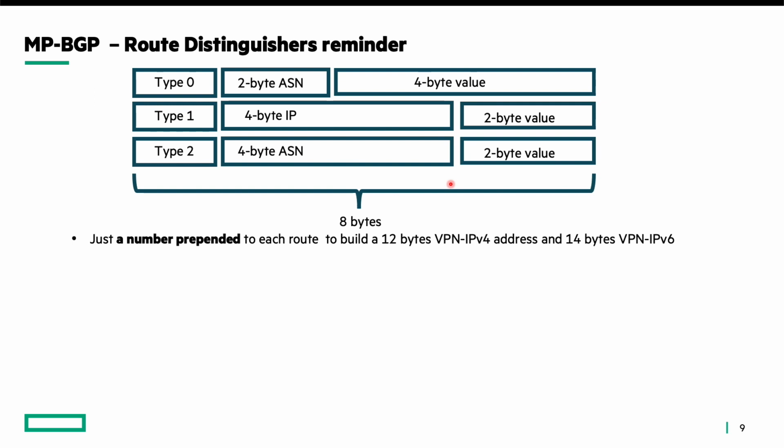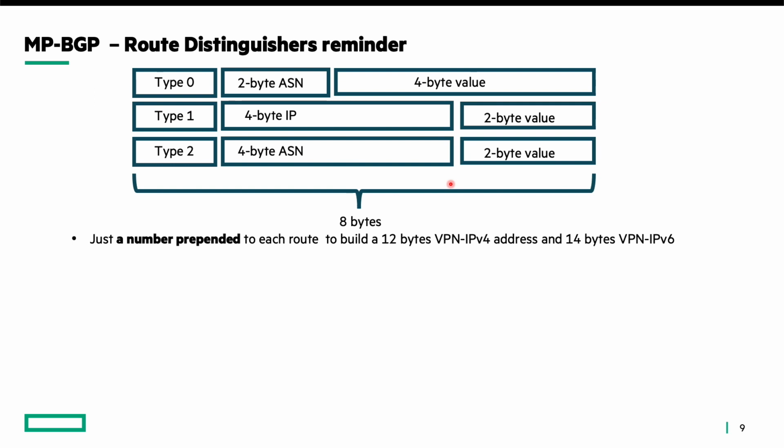For the RD, you just need to consider it a number. It's just a number that will be used to identify these routes, let's say on a service provider network using MP-BGP. Usually in an MPLS network, in provider edge devices, we build MP-BGP peering, VPNv4, and this is a way to distinguish a prefix from one VRF to another VRF.